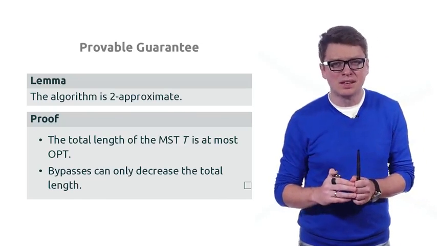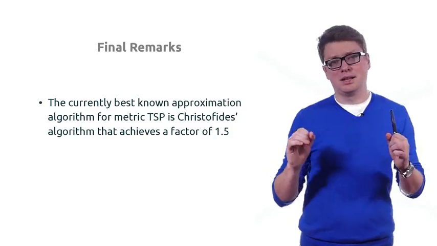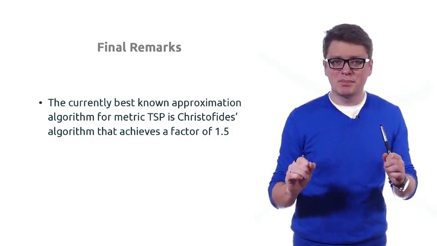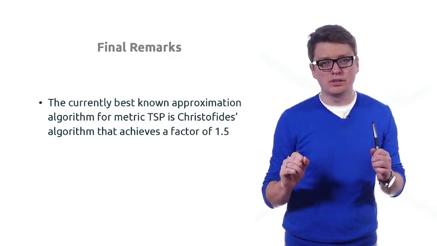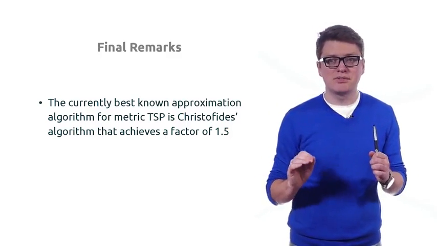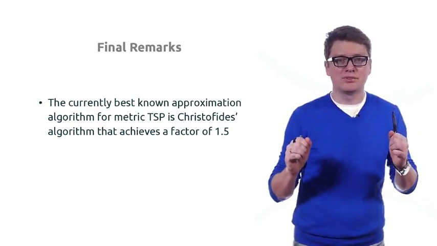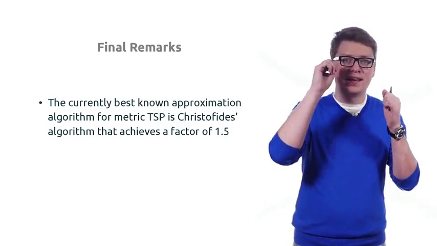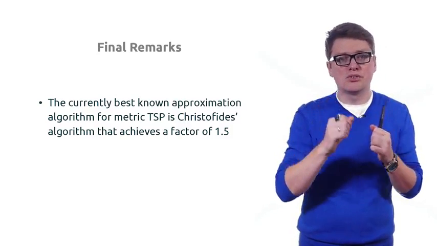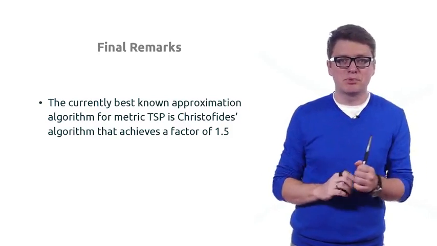Now, as a concluding remark, let me mention that this algorithm can actually be improved to give a guarantee of 1.5. This is known as Christofides algorithm. In this algorithm, instead of doubling every edge, we find a perfect matching on the nodes of odd degree in this tree, and then we repeat the same procedure.